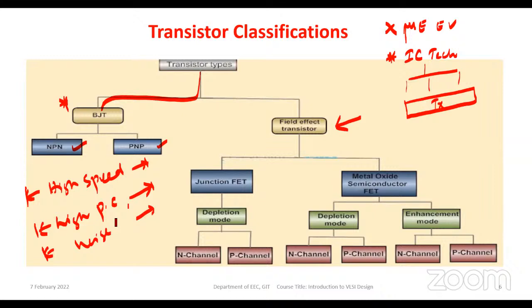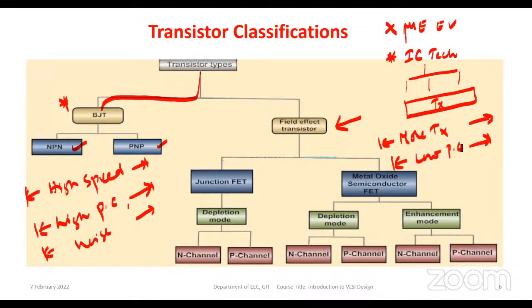Whereas in field effect transistors, minority carrier transportation is there. Not only that, the biggest advantage is that more transistors can be accommodated in a small area, and another is low power consumption. That is the basic advantage for moving to field effect transistors.